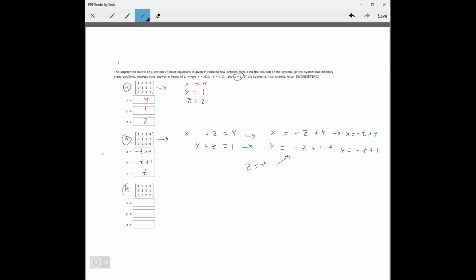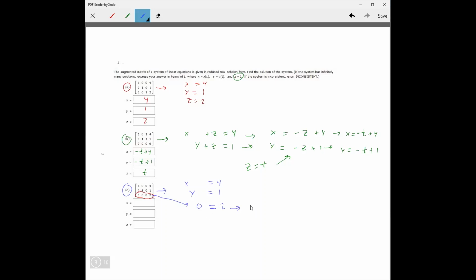Okay, and then part C. The first equation gives you x equals 4. The second one gives you y equals 1. The bottom equation gives you 0 equals 2, though. That equation you can never make true. So that gives you a lot of trouble.